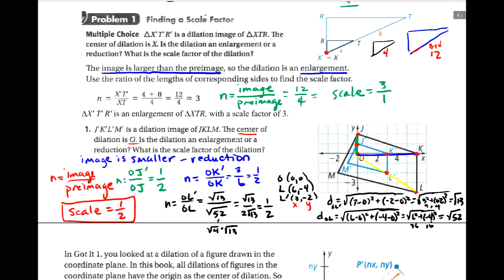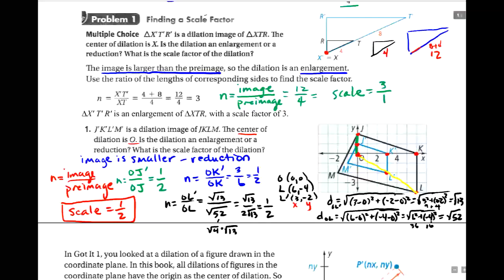Okay, this says quadrilateral J prime K prime L prime M prime is a dilation image of quadrilateral JKLM. The center of dilation is at O. First thing I did was mark that at O. Is the dilation an enlargement or a reduction?